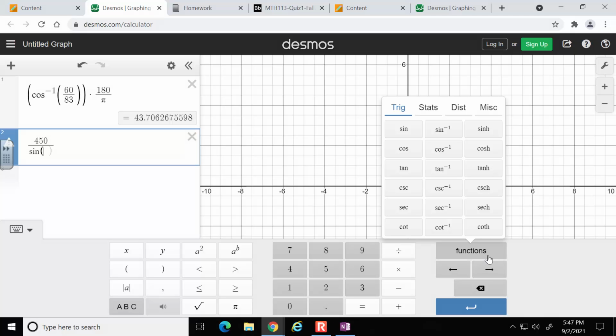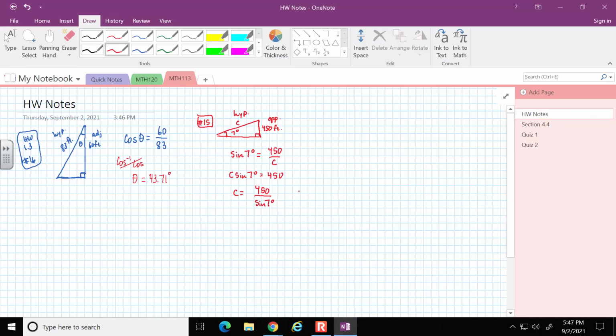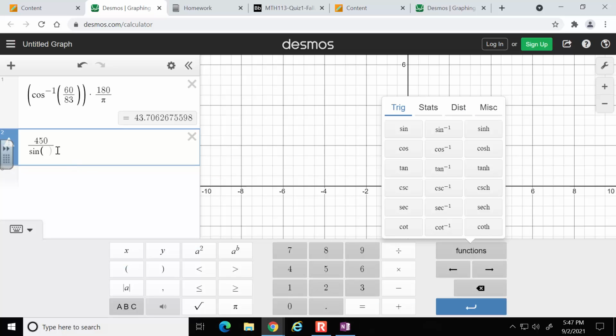I really wish I could switch to degrees somehow, but I can't. So for 7 degrees, in this calculator at least, I have to say 7 times pi divided by 180. That puts me in radians correctly for this calculator.